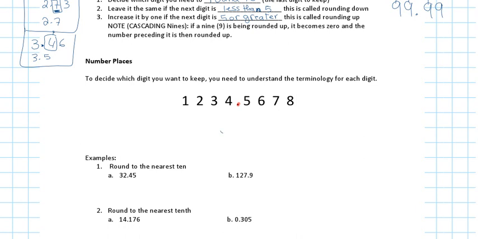How about where the 3 is? The tens. Where the 2 is? Hundreds. And where the 1 is? Thousands.